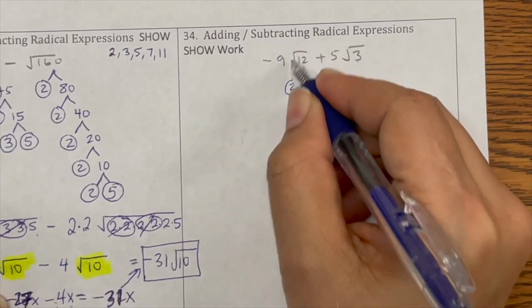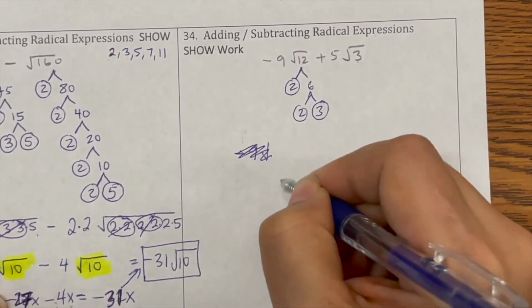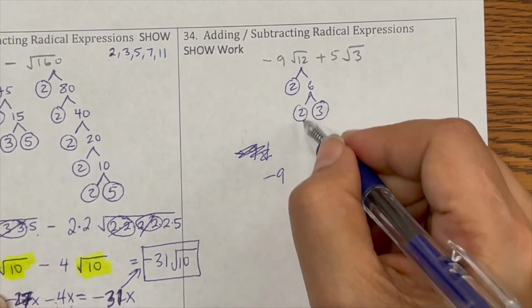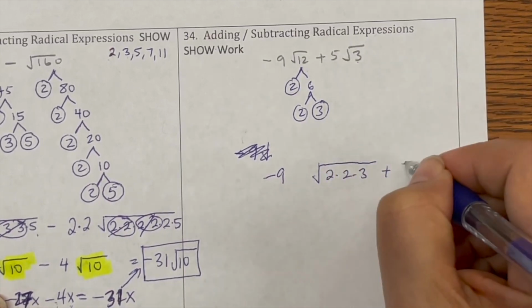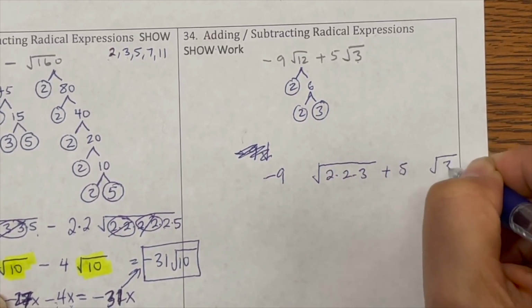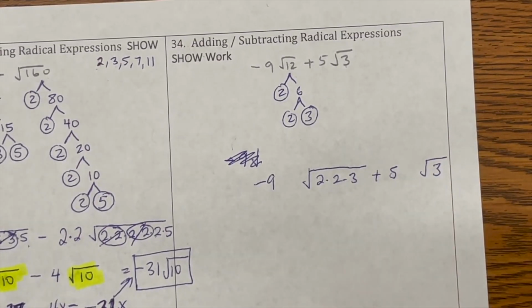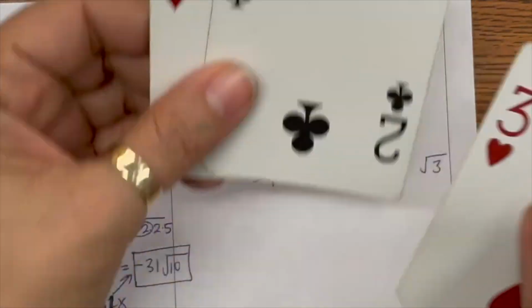So I'm going to write down negative 9, leave a little space. Don't write in pen. Negative 9, leave a little space for your books. And then my cards are 2, 2, and 3. Plus, there's a 5 here. Leave a little space, and then a 3 here. So I'm going to give myself this hand, 2, 2, and 3. So what do you see? I see a book of 2.